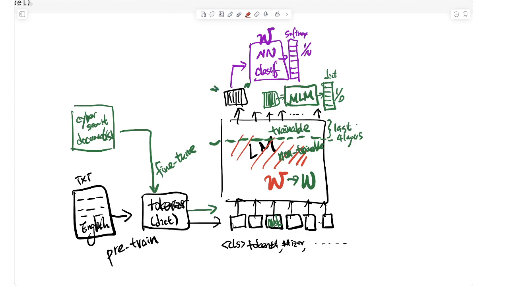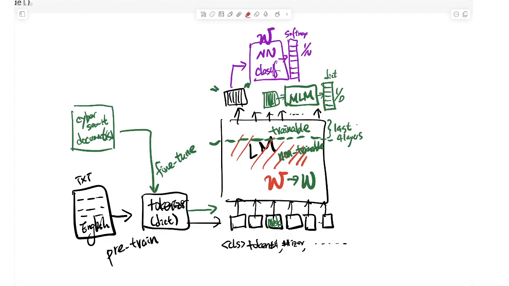For example, you can perform tactic or technique classification. You can perform any cybersecurity related classification by using the fine-tuned language model. So that is one of the ways.